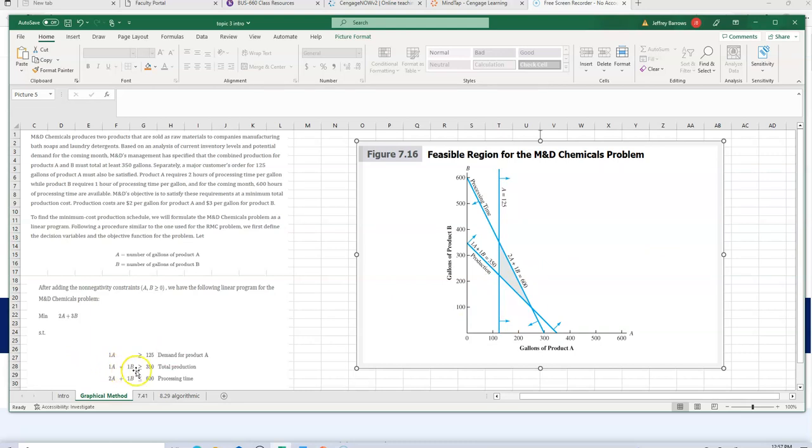Then if we graphed, as an equality, A plus B is equal to 350. That is this line right here, where you note that the A-intercept is 350 and the B-intercept is 350. And so this would be the line A plus B equals 350, only graphed in the first quadrant.